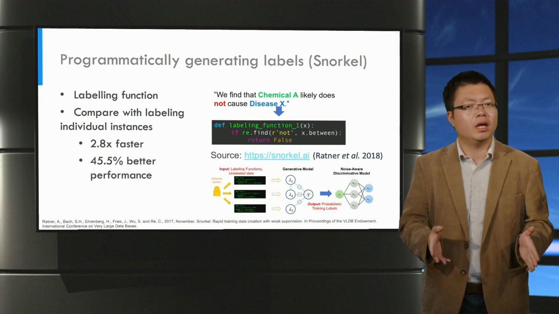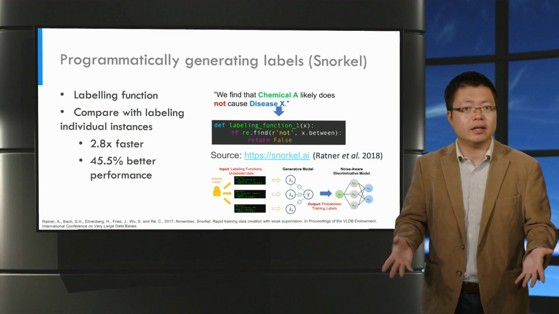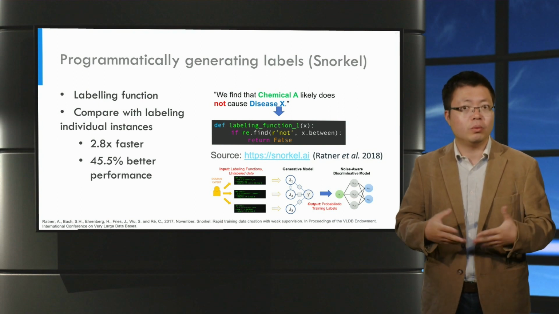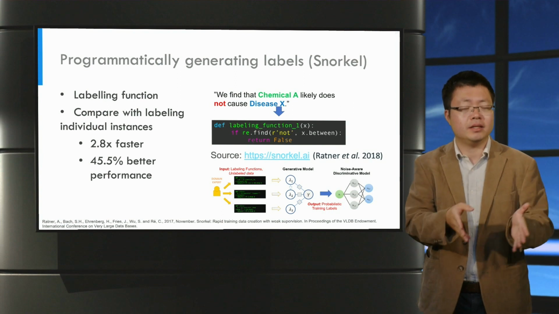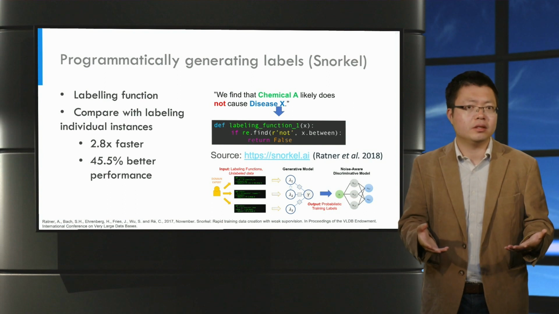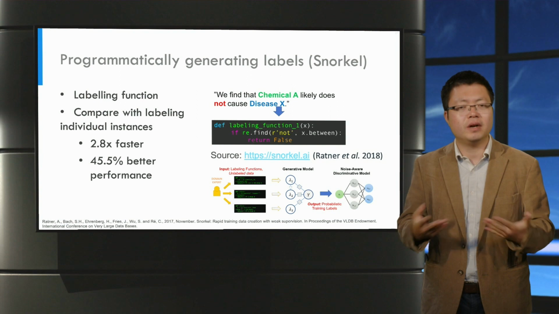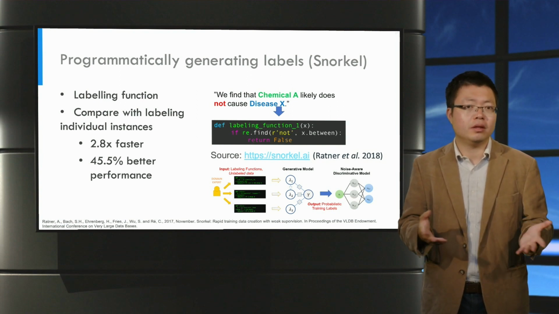For example, if we want to label if a chemical causes a disease in a sentence, we can think of the following pattern. If there is a word "not" that occurs between the detected chemical and disease words, then we can assume that the chemical does not cause the disease. We can write a simple labeling function to apply this pattern labeling to all instances that we have.